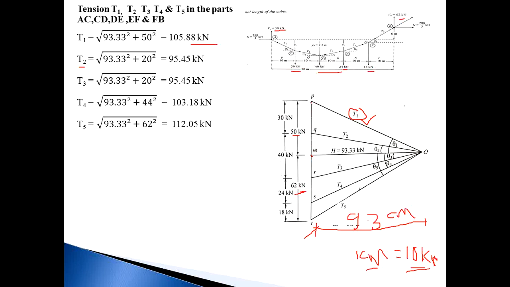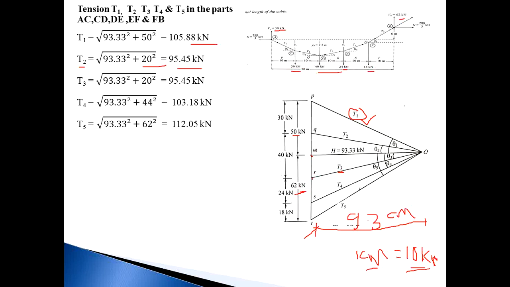PM is equal to 50 and PQ is equal to 30, so QM is 50 minus 30, that is 20. So the square root of 93.33 square plus 20 square gives T2 as 95.45 kilonewton.